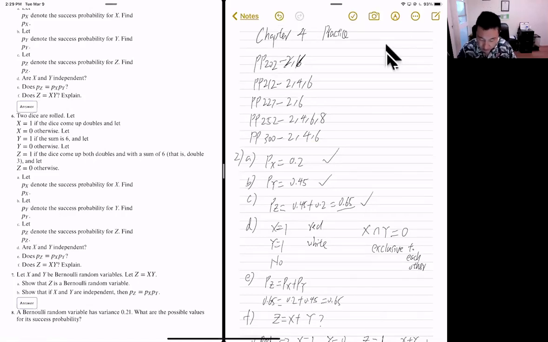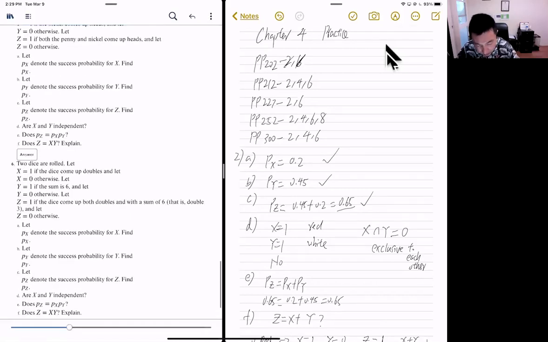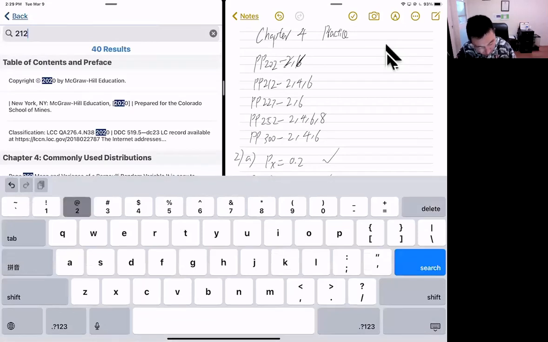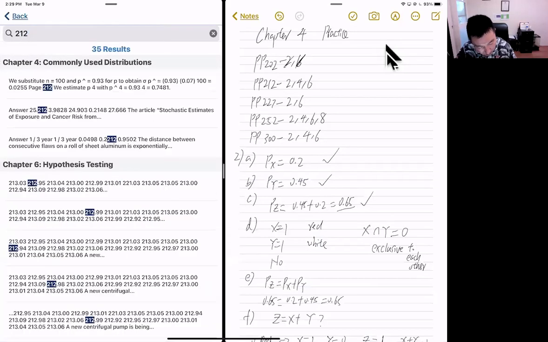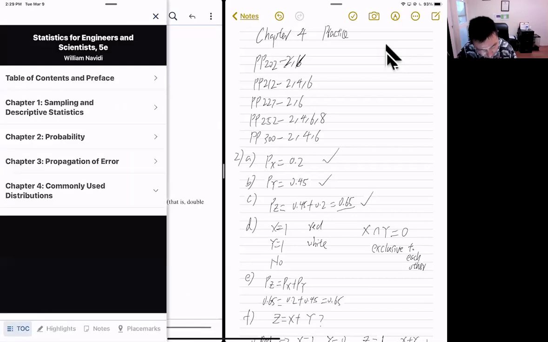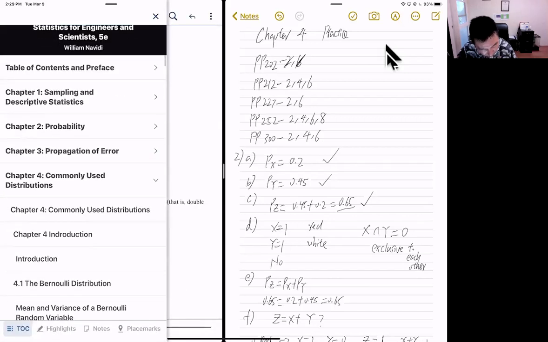Next question is question number 2 from page 212, I think section 4.2.